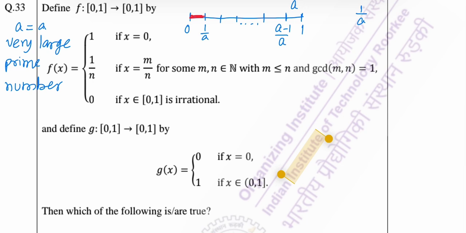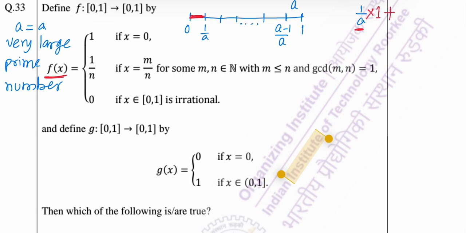So this is 1 by a, and I write that here and multiply this with the max value of f(x) in this interval. For that interval the max value of f(x) is 1. So I multiply the length of this interval with the max value, that is 1.